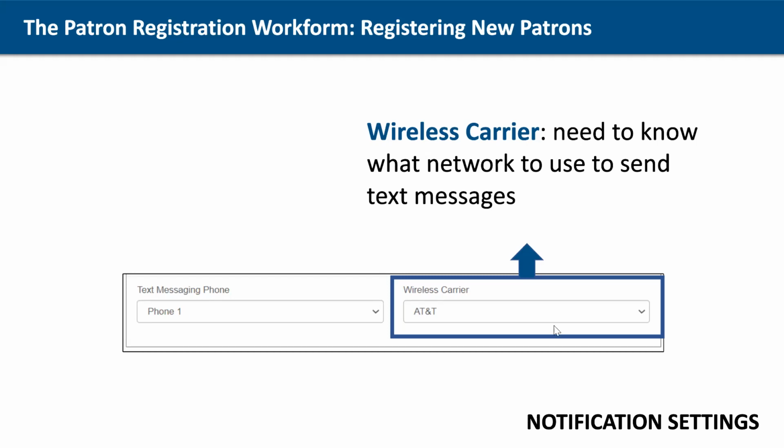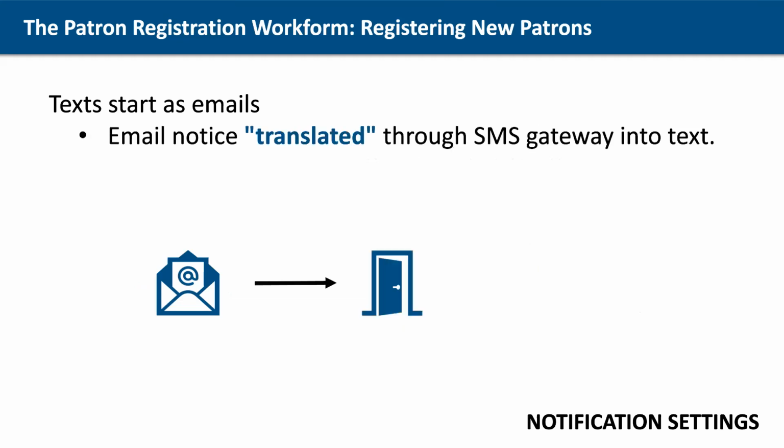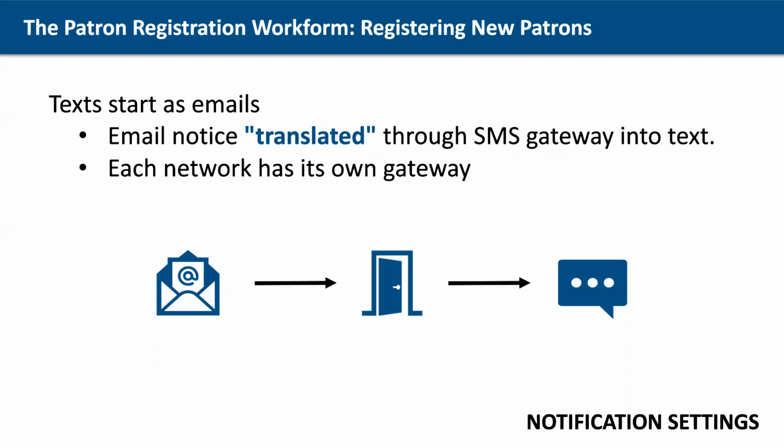And again, if you've been here before to trainings recently, this is because our text notices start out as emails, and then they go through a process to translate them into a text message using what's called a gateway. Each carrier network has their own gateway. This means we need to know what network the user is on in order to make that translation.